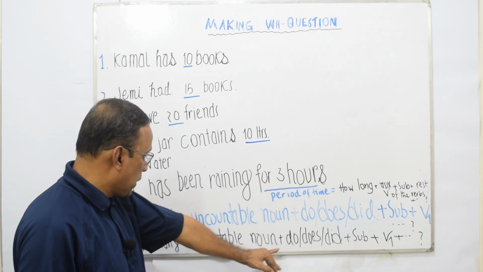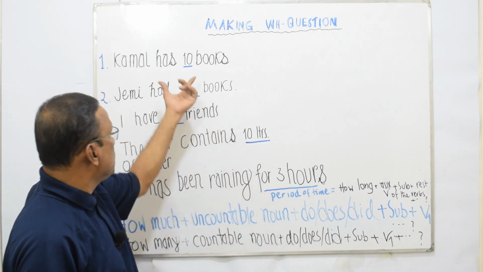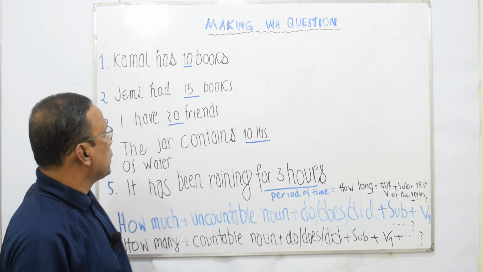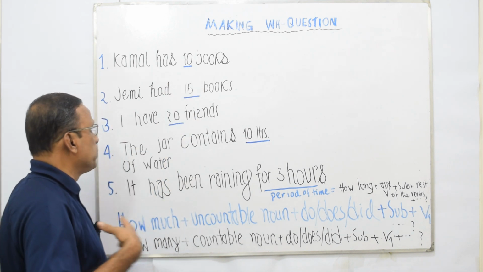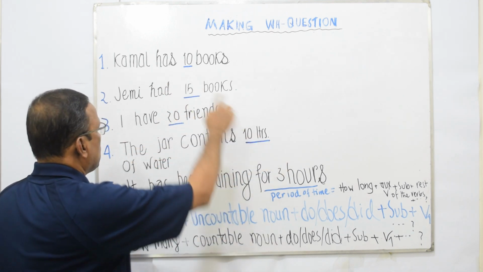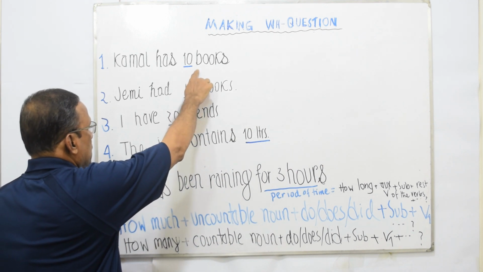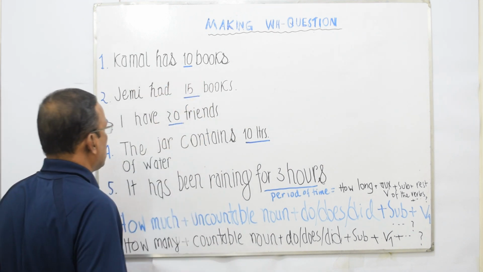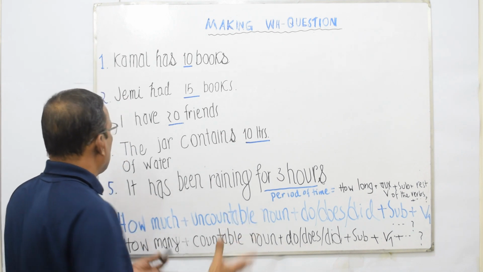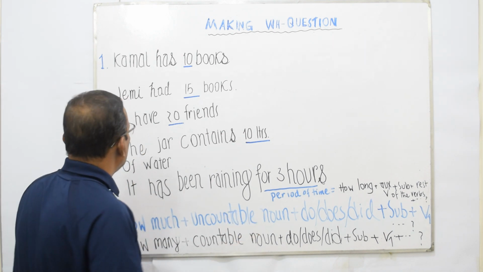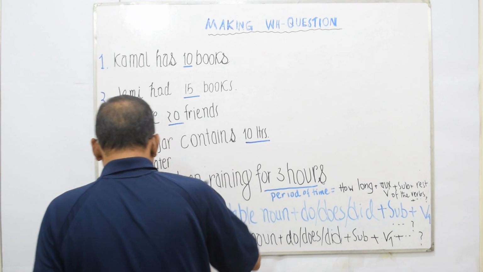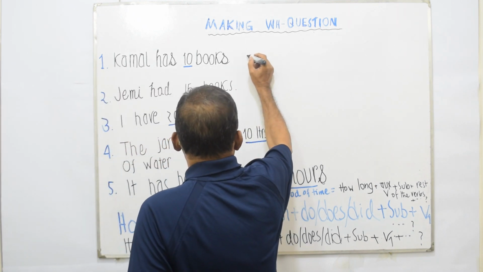But this structure will be applicable for this sentence, because we are making a WH question when the mark is just down the number. Kamal has 10 books. We will make a WH question from this sentence.